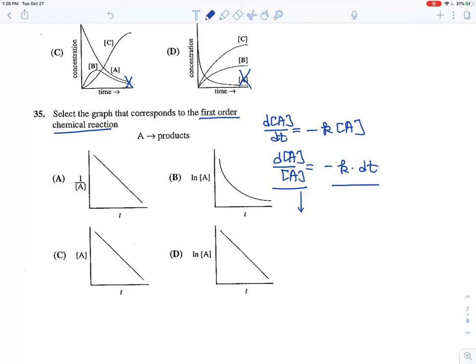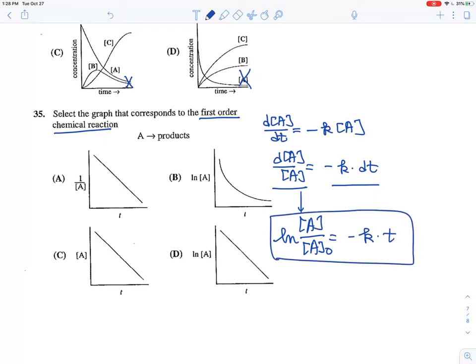And so this one is now ln of A over A naught equals minus kt. So this is the answer. And you can find the expression from the differential equation, where A is A naught at time equals 0.